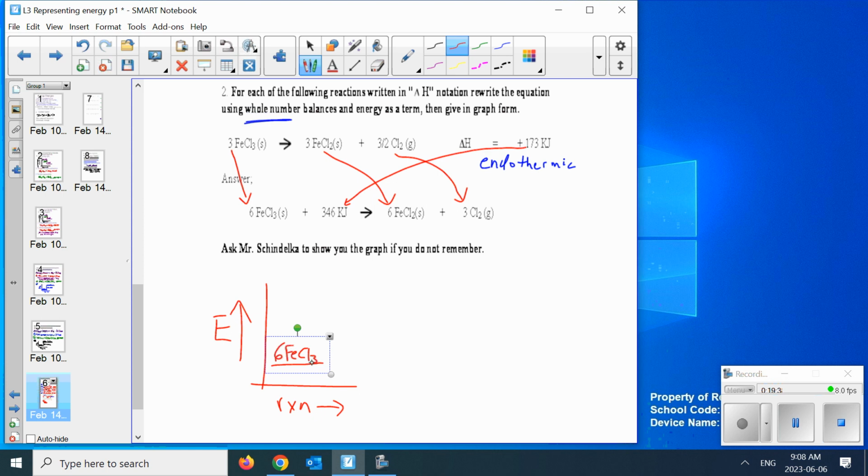It goes up by 346 kilojoules. How much does it go up by? I'm going to put down the plus 346. It increases the energy of the materials and you end up with 6. This is the exact same information in another form, right?